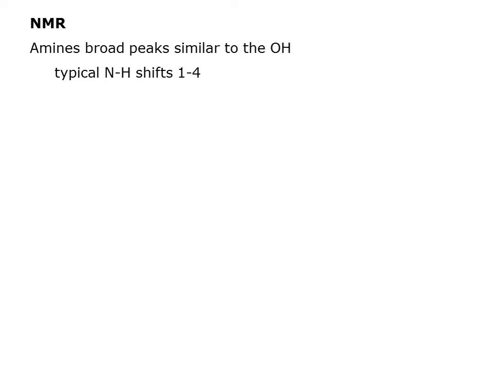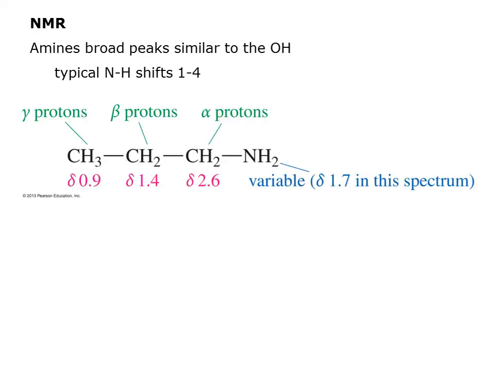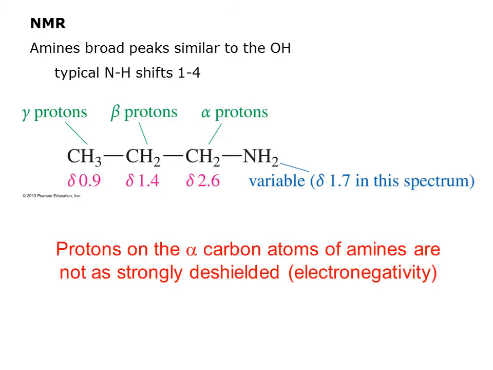For NMR, we're going to see very similar patterns to the OH. So a typical NH bond is going to be around 1 to 4, depending on what other functional groups you have. Your alpha protons are going to be in the same range as they would with a carbonyl. What you'll notice here is that your shifts are going to be a little bit lower compared to what we've seen with carbons next to other functional groups.